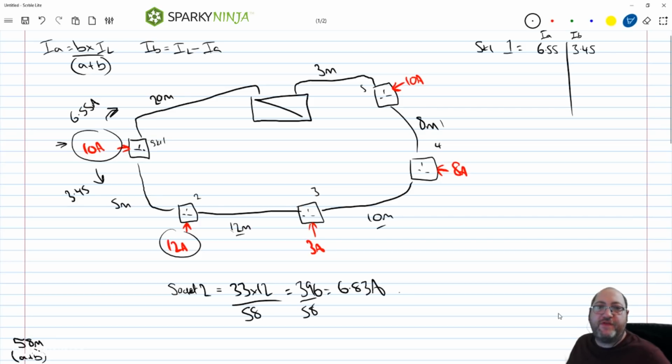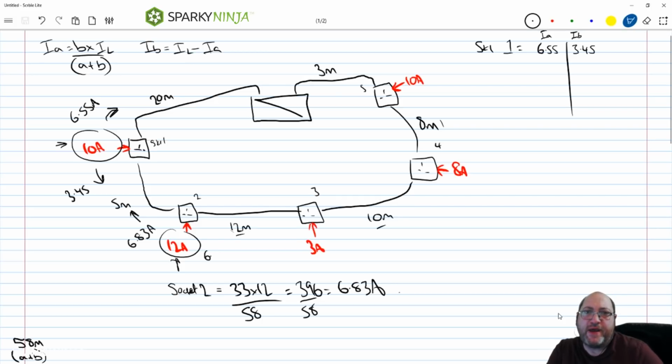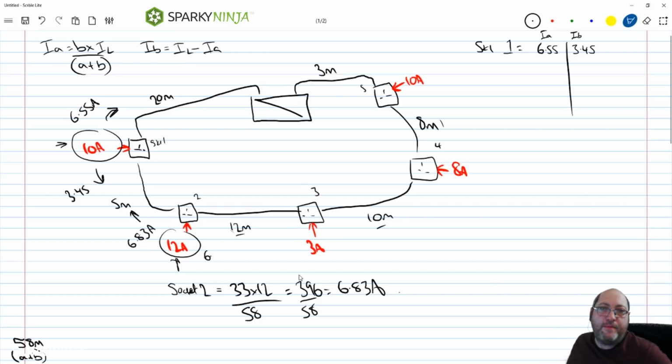6.83 amps. So of this 12 amp, we have 6.83 going that way, and that kind of makes sense because that is the shorter route back. That's 25 meters that way. This way is 22, 33 meters. So yeah, it makes sense for a bit more of the amperage to go that way. That's 25 meters.